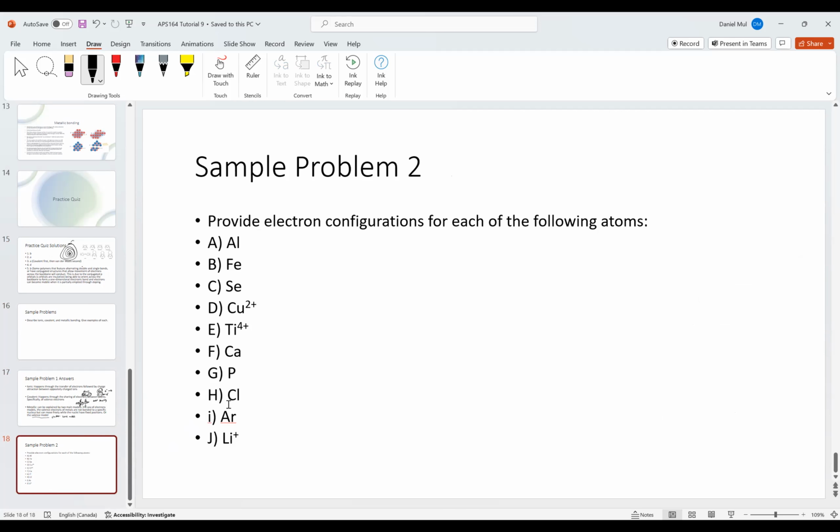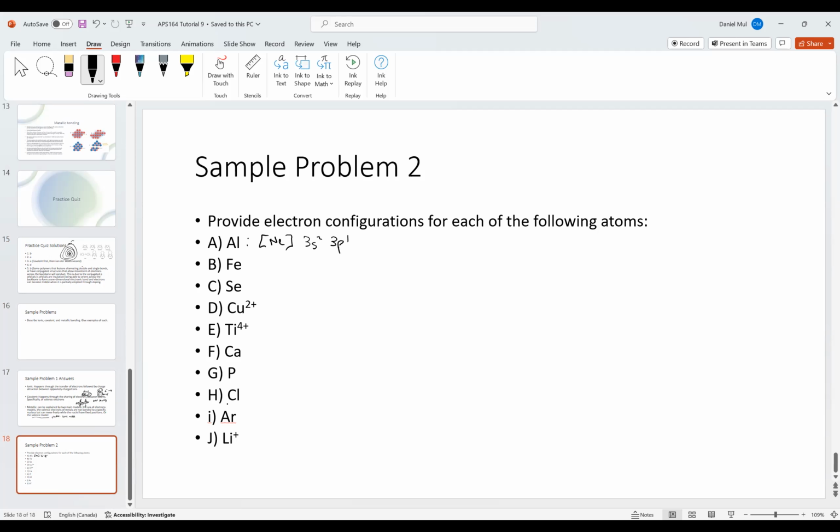So how would we start the first one? I'd put neon in brackets, like any brackets, and then 3s, and then 3p, and then a 1 in superscript.